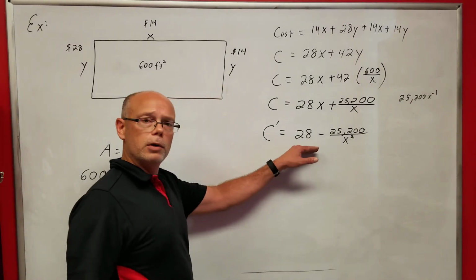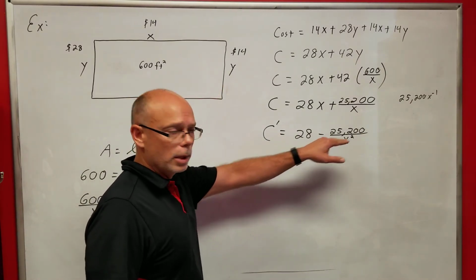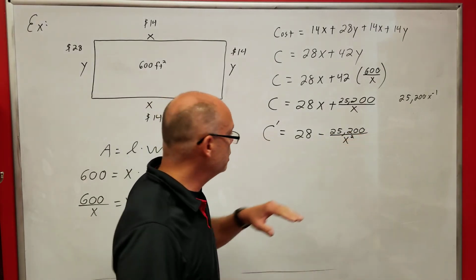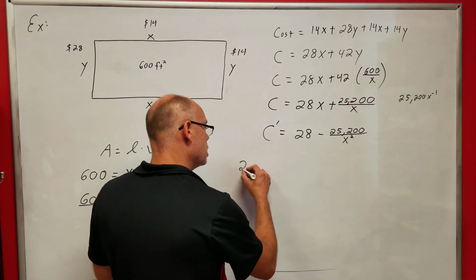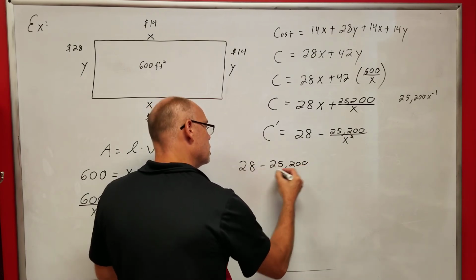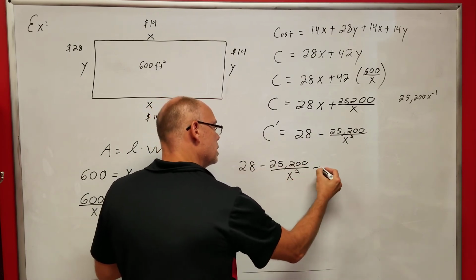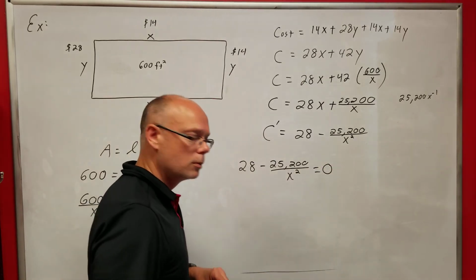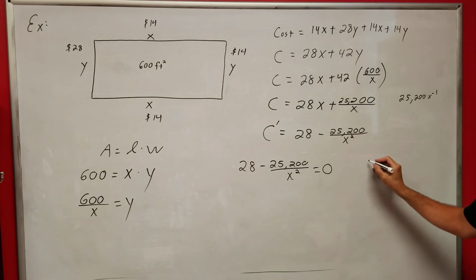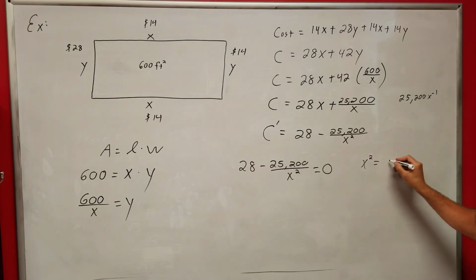All right, how do I find my critical points? Find out where my derivative is equal to 0, and find out where my derivative is undefined. So let's take this derivative, 28 minus 25,200 over x squared, set it equal to 0, and let's find out where it's undefined. It's going to be undefined where its denominator is equal to 0, isn't it?